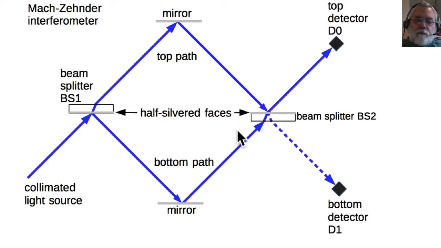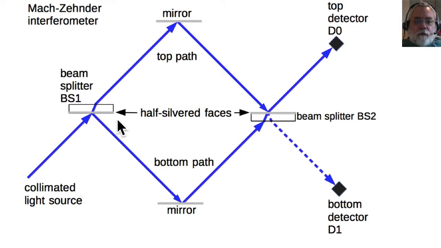But the light from the top and the bottom path will add or superimpose as they go through the beam splitter, and that'll give rise to very interesting effects, both classically and quantum mechanically, for photons.